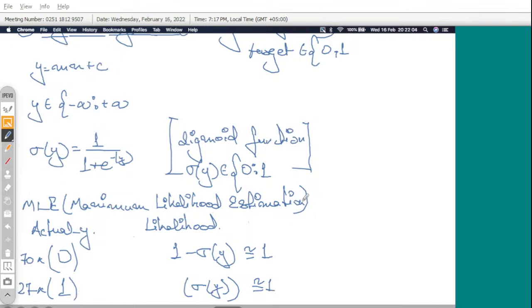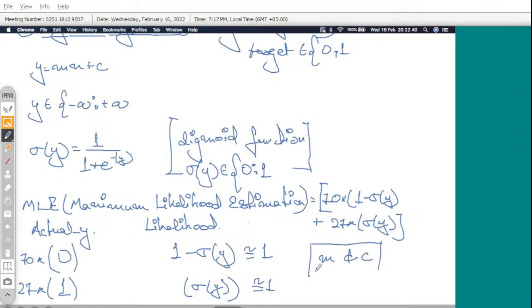Now, what maximum likelihood estimation will do is try to maximize 70 into 1 minus sigmoid of y plus 27 into sigmoid of y. This value will be maximized. This is the likelihood, right? And MLE will try to maximize this value in order to tune the values of M and C, right?